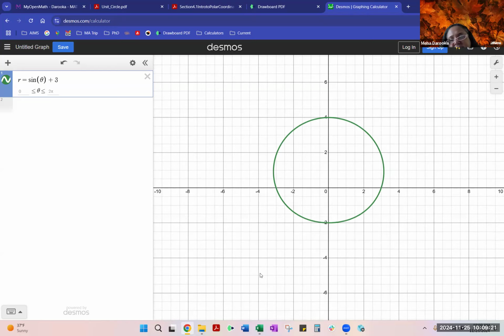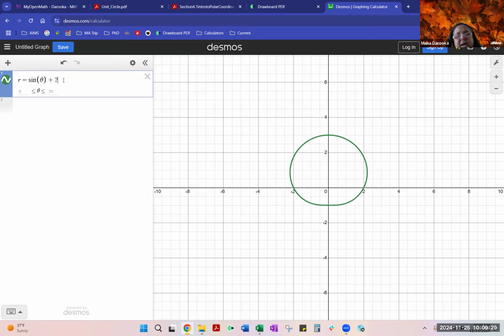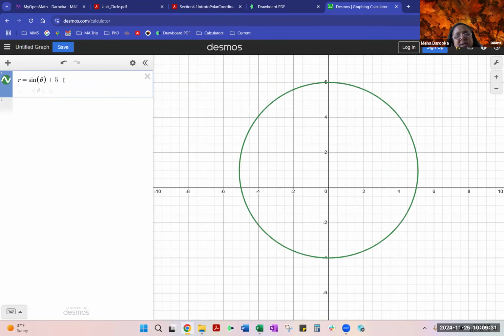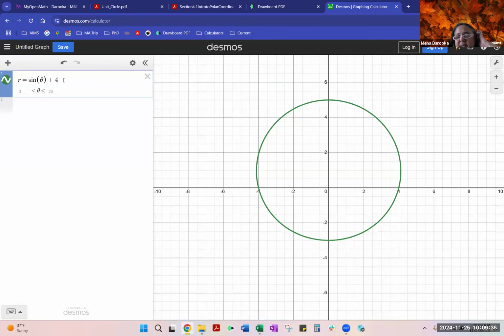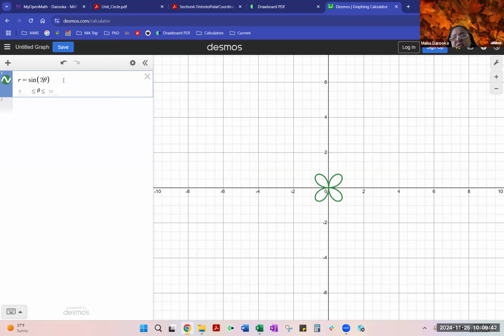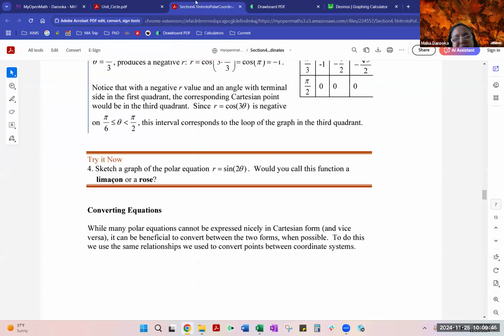If you try to find the center of this and go out trying to do a radius, you will see this is not going to be a circle. We can play around with numbers and see what they look like, and you will get an idea. So for this to be a rose, we have to be multiplying something in front of the theta value to get those petal shapes, or leaves, I think is what they're calling it.